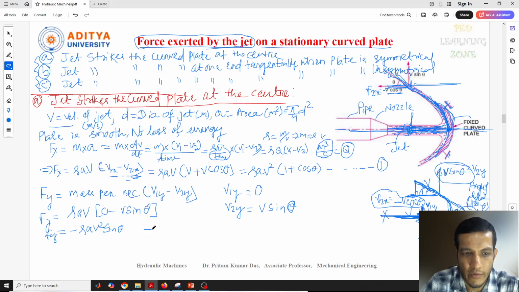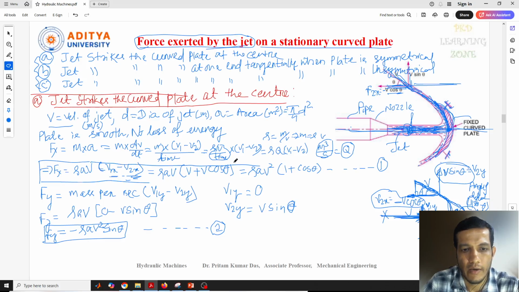This is another equation we can mark here, equation number 2. This is the second equation, the force in the y component, and this is the force in the x component. So these are the two equations we got in the x and y components.